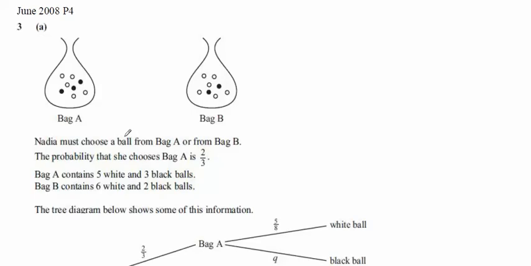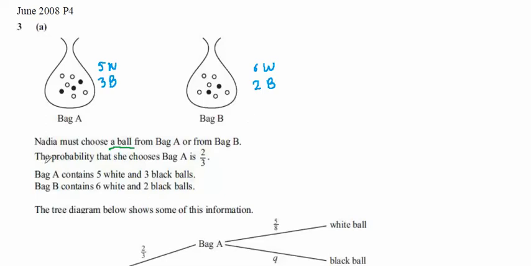Nadia must choose a ball from bag A or from bag B. So she is choosing one ball, either from A or from B. To make the situation easy, first it's better if we write them here. 1, 2, 3, 4, 5: 5 white are here and 3 black. Here 1, 2, 3, 4, 5, 6: 6 white and 2 black.